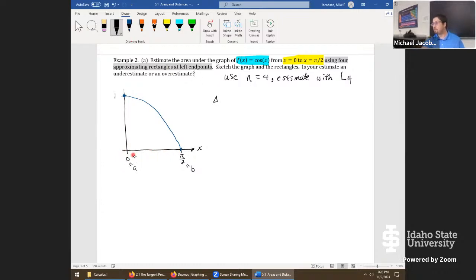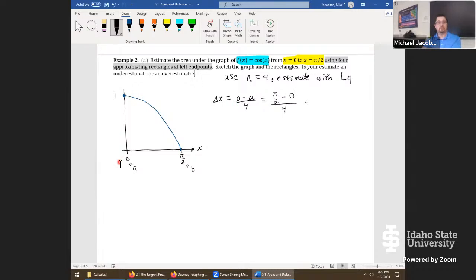So next step, let's write out our delta x, this time x because the variable is x. Formula is b minus a divided by n, and that's a consistent formula. Whether we're using L4 for left endpoints or R4 or something else, delta x is always the same value here. Then plugging in, b is pi over 2, minus the value a is 0 from right over here.